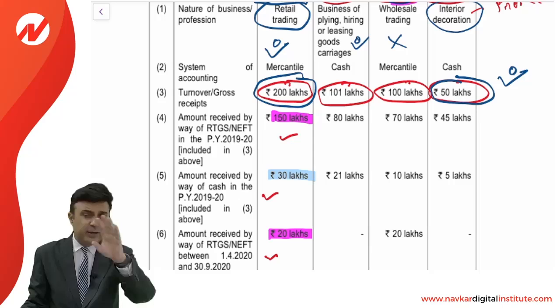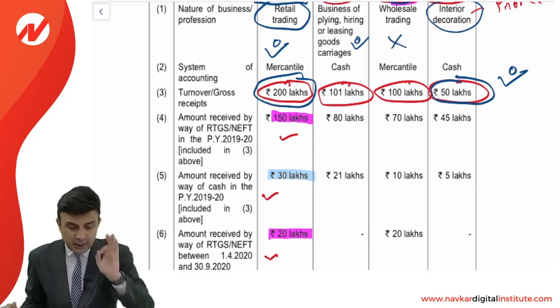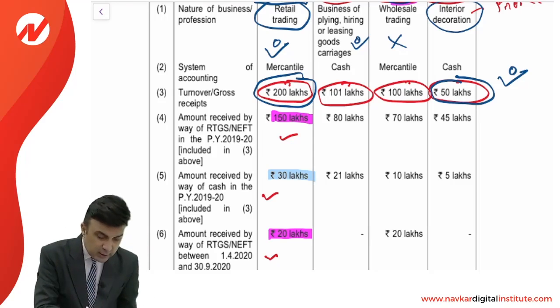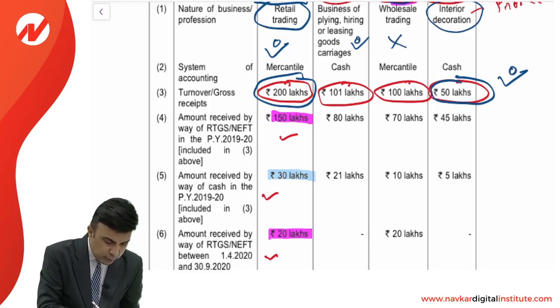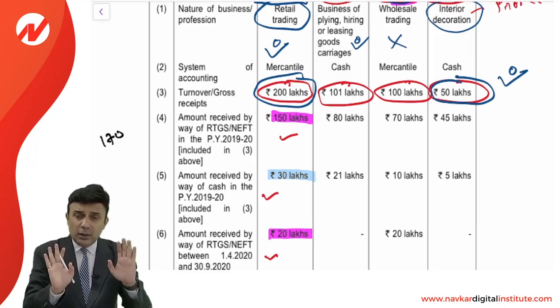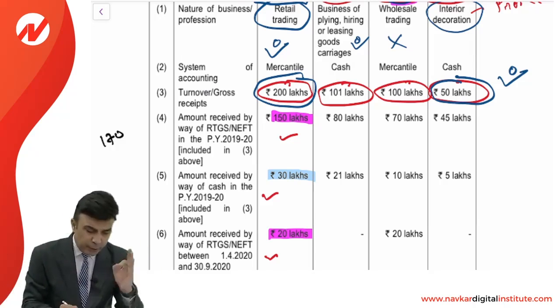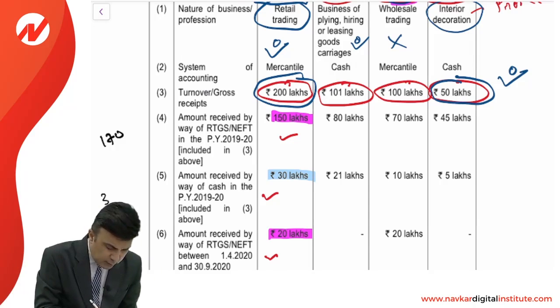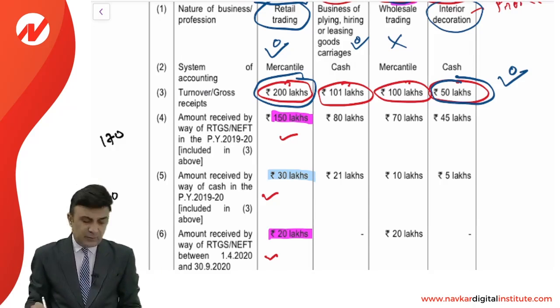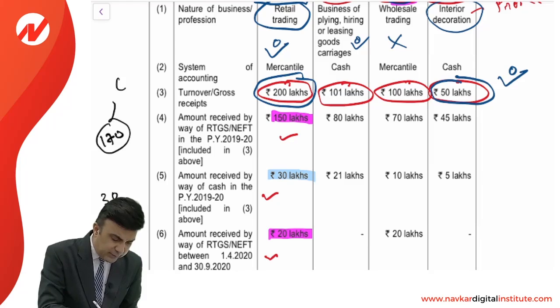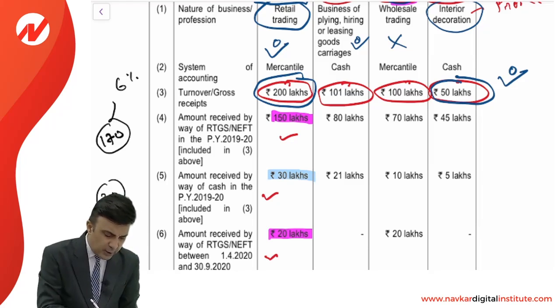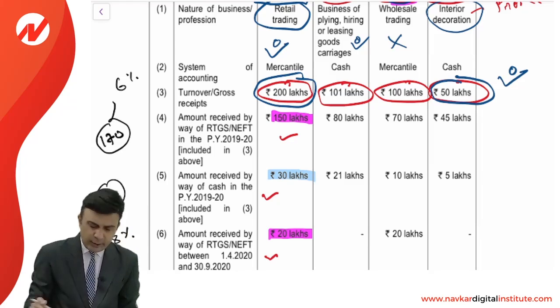That is in the subsequent year. That would do, there is no worry. But friends, can we say over here that my assessee has received 170 lakh by account payee cheque, account payee draft, RTGS, NEFT or any other recognized mode, and they have received 30 lakh by cash.